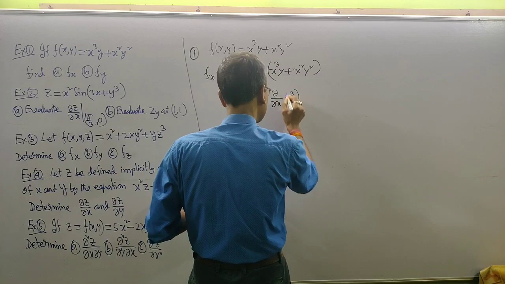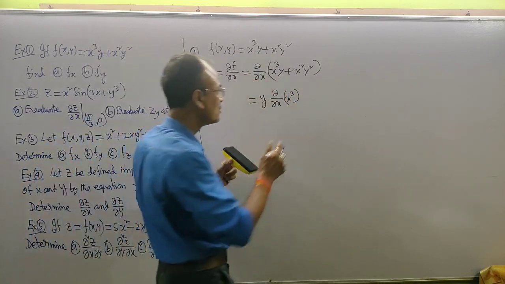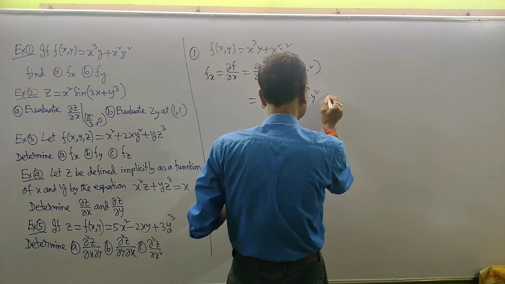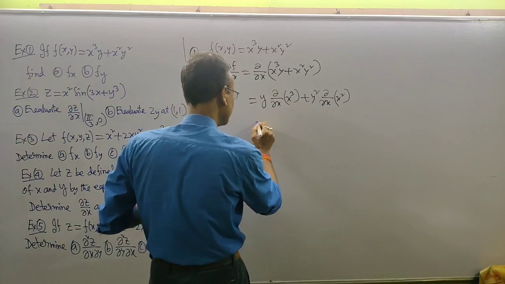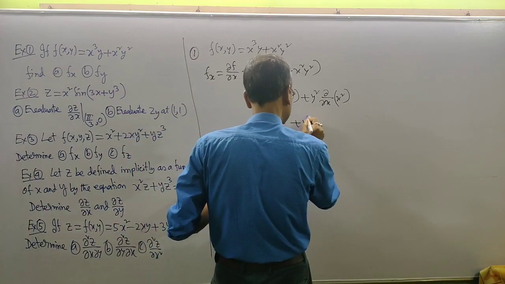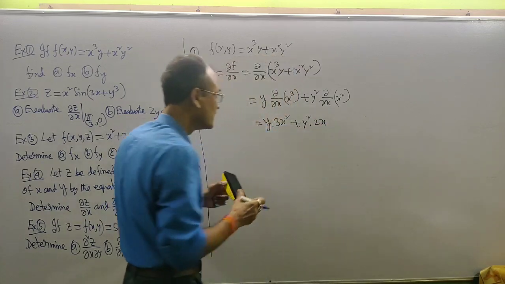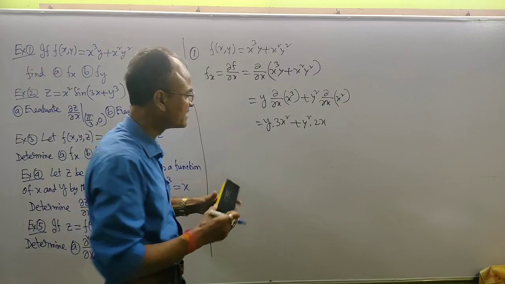Now you may write like this. X cube, take y as constant, take it outside. Now here also treat y square as constant. You may write y into 3x square plus y square into twice x. Thus as ordinary differentiation, just differentiate this.